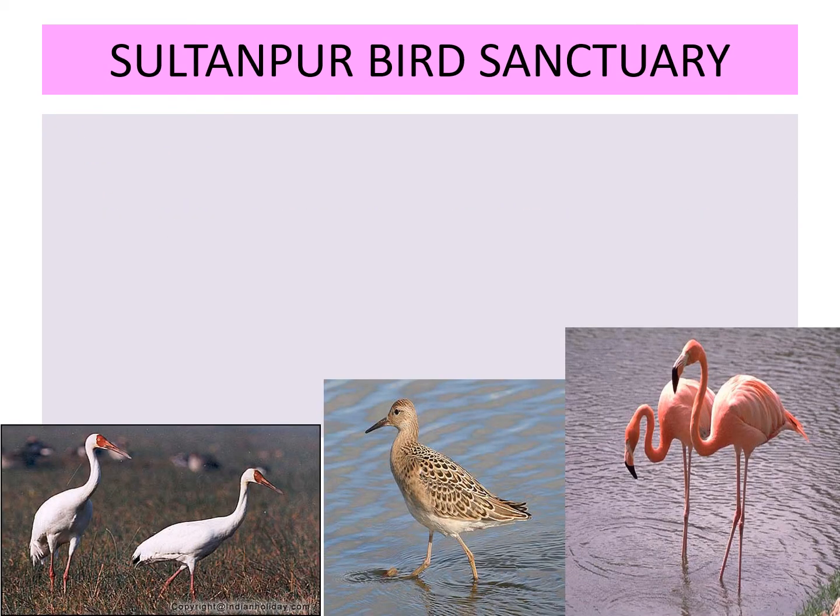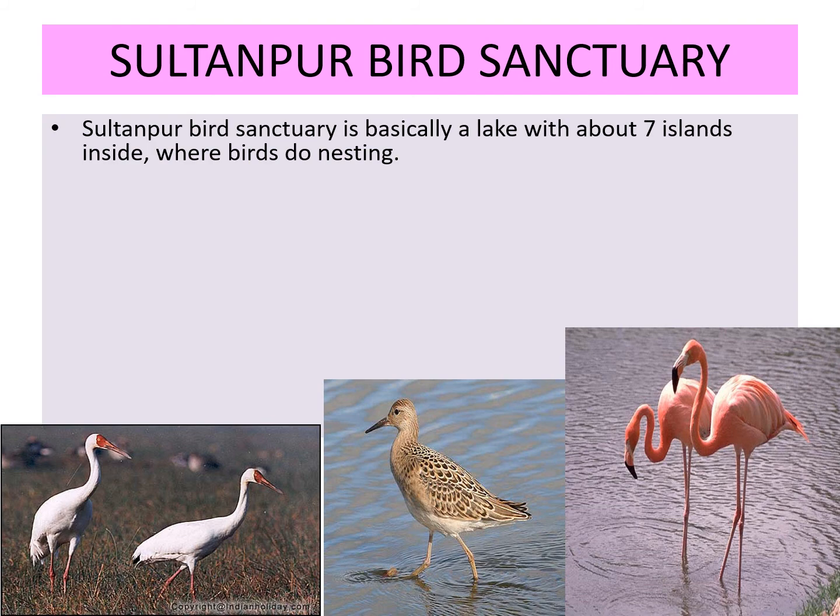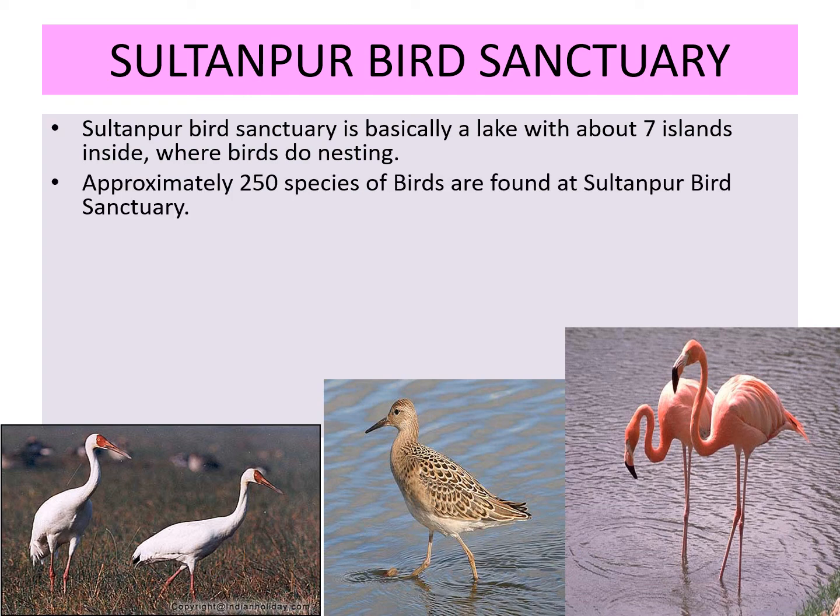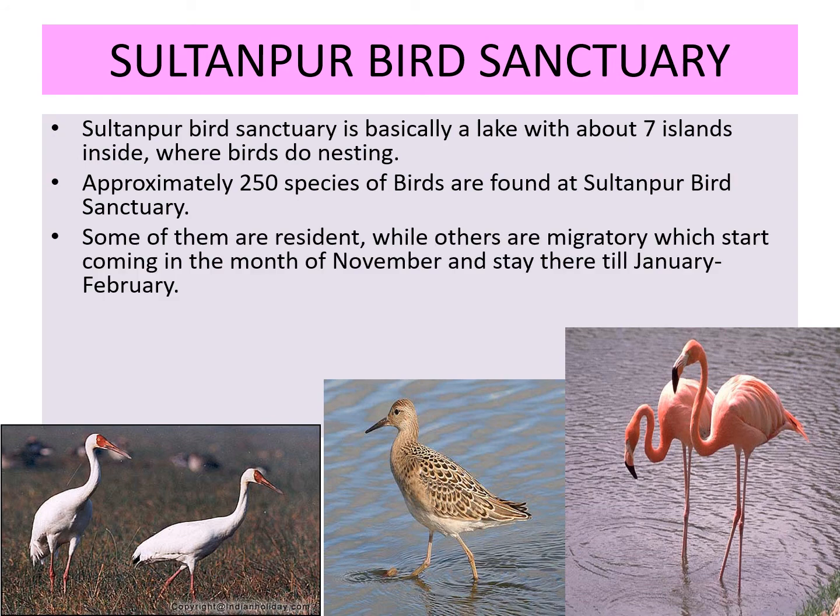Now, here are some pictures of the migratory birds located in Sultanpur Bird Sanctuary. Sultanpur Bird Sanctuary is basically a lake with about 7 islands inside where birds do nesting. About 250 bird species normally visit the sanctuary. Some of them are resident while the others are migratory, coming in the month of November and going back in February.